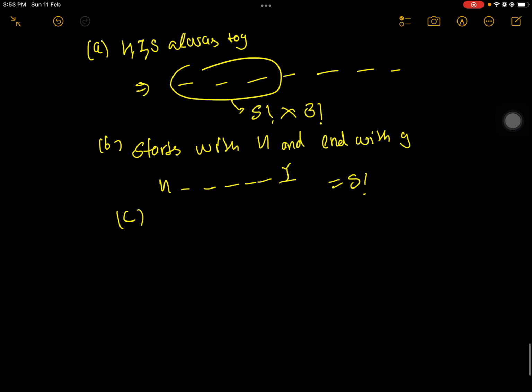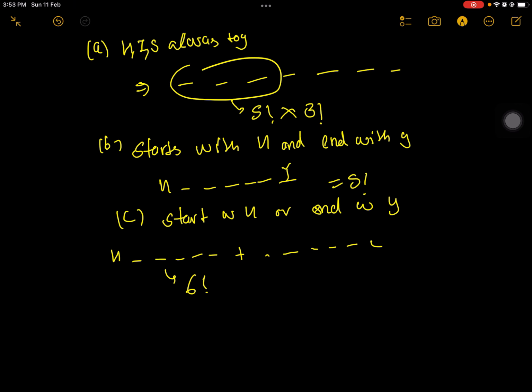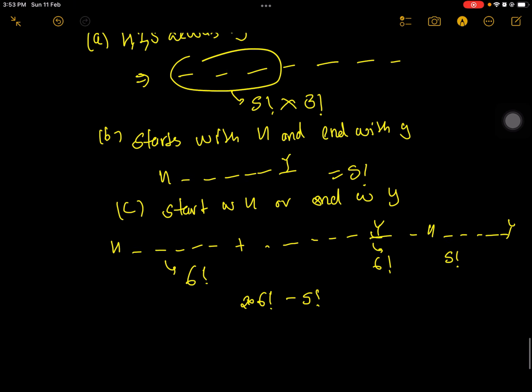Next is starts with H or ends with Y. So let's take the case where it's starting with H. So that's 6 factorial plus, let's say it's ending with Y. And that's 6 factorial. Now you have to minus the case where it's starting with H and ending with Y, which is 5 factorial plus 2 into 6 factorial minus 5 factorial.